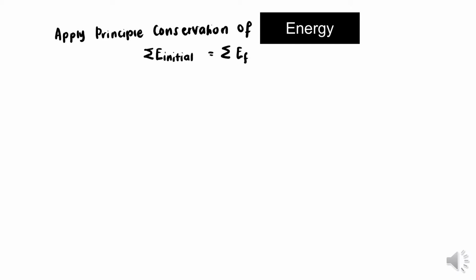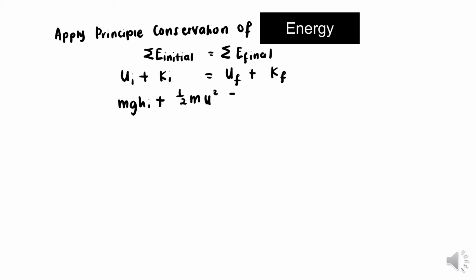Let's solve the problem by applying the principle of conservation of energy, where E initial equals E final. Based on the figure, initially we have kinetic and gravitational potential energy, but at the final point we only have gravitational potential energy because it reached the maximum height.